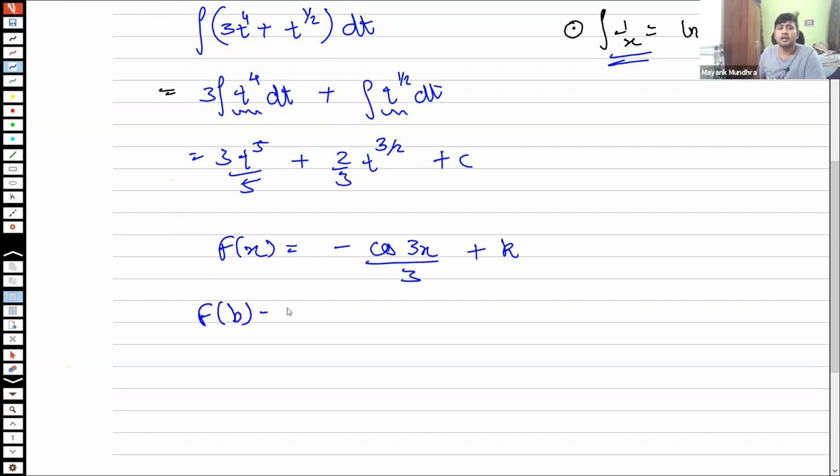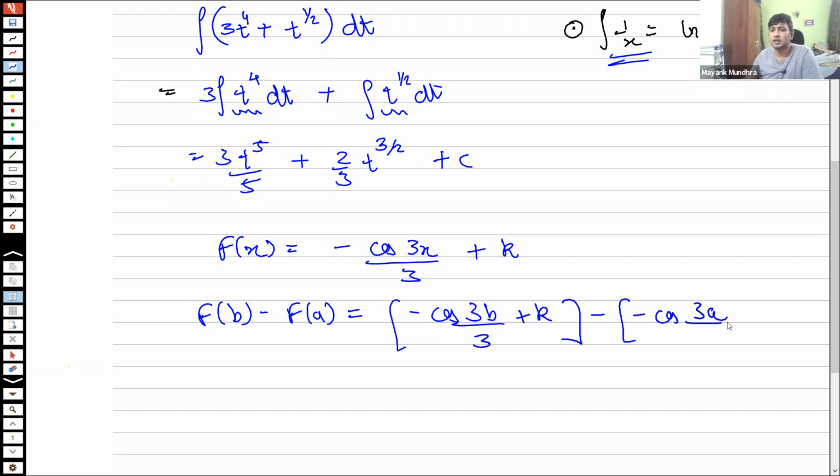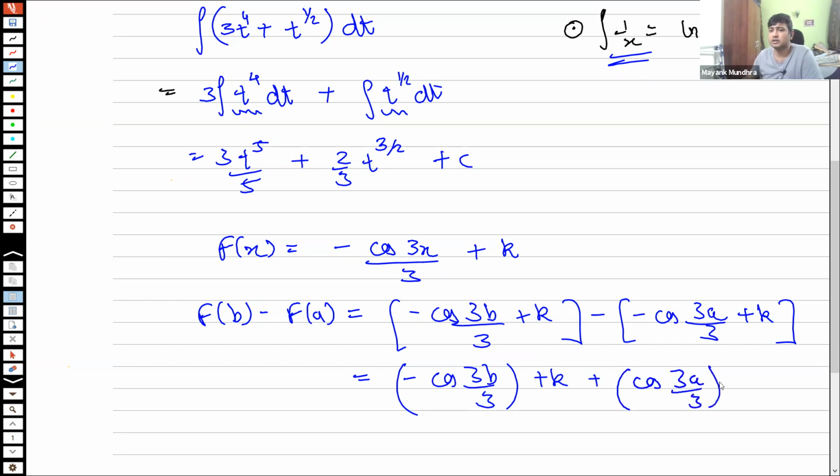So F of b minus F of a will be equal to minus cos 3b upon 3 plus k, minus minus cos 3a upon 3 plus k, which is basically minus cos 3b by 3 plus k plus cos 3a by 3 minus k.